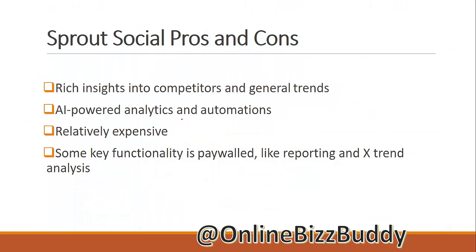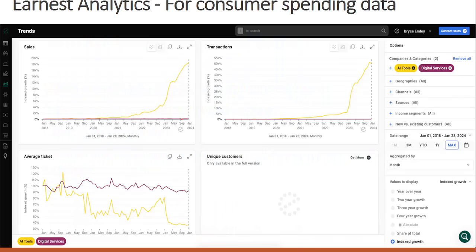Pros and cons for Sprout Social: it gives rich insights into competitors and general trends. Of course, it offers AI-powered analytics and automations. It's relatively expensive, and some key functionalities are paywalled, like the X trend analysis.